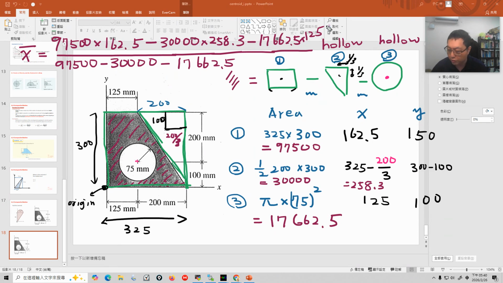You see, a very long formula. You need to use your calculator. It's very annoying. Let me calculate.